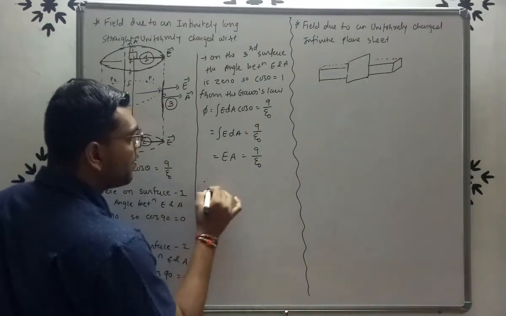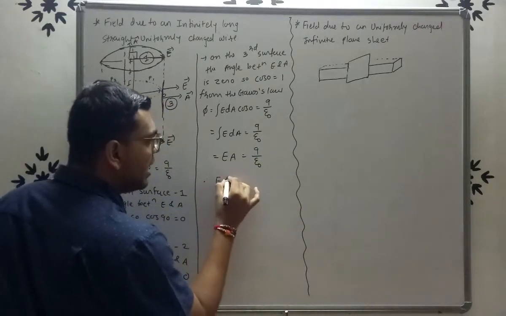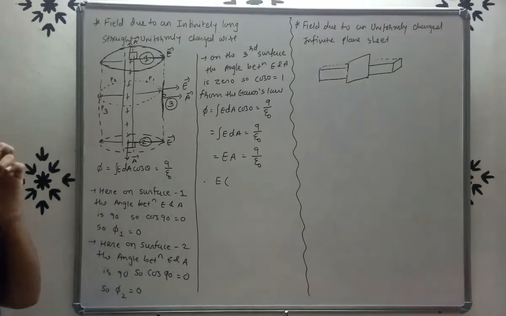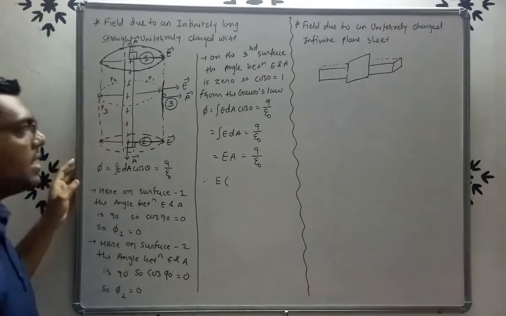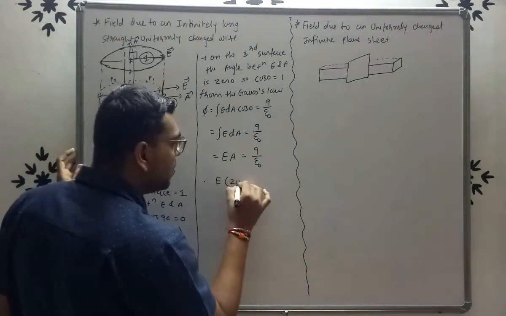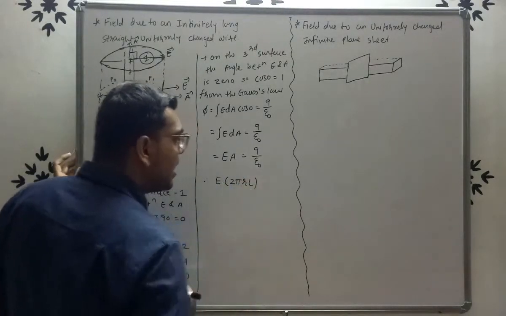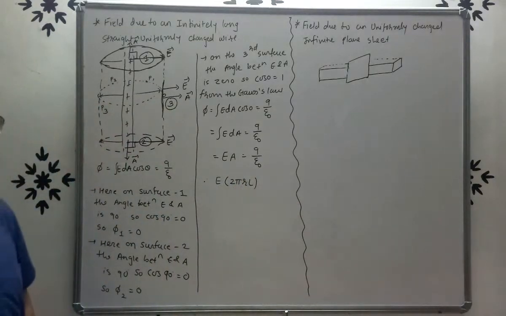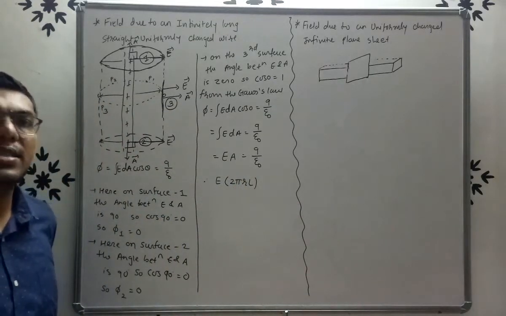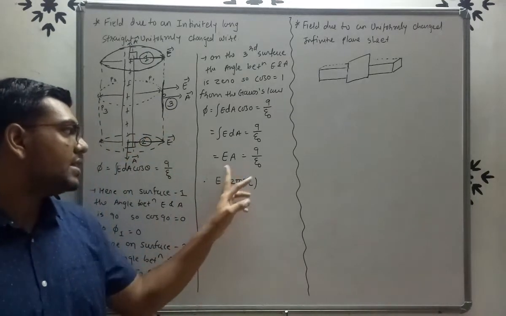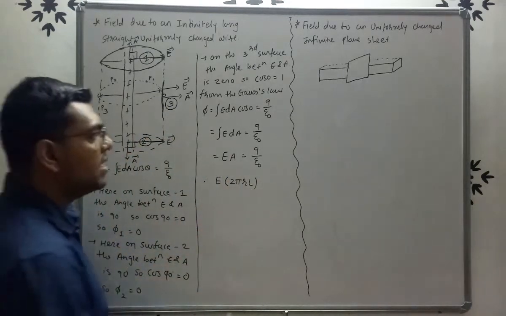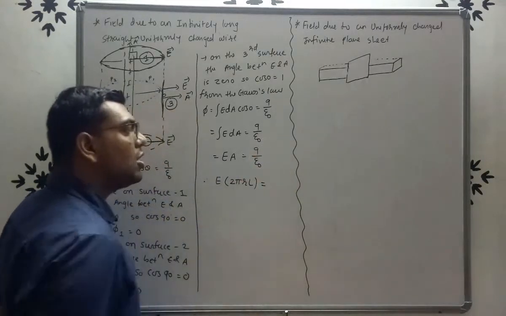So E into the area of this cylindrical surface, the area of this cylindrical surface is 2 pi Rn, right? You already studied in lower standards the area of a cylindrical surface is 2 pi Rn. So E as it is, area is 2 pi Rn, is equal to Q by epsilon 0.